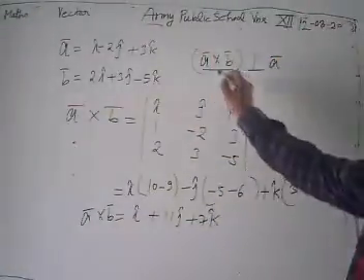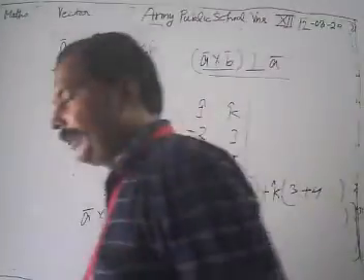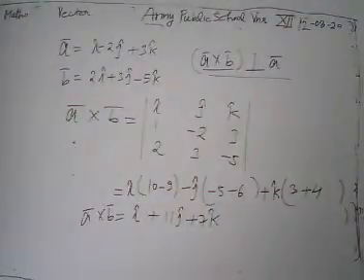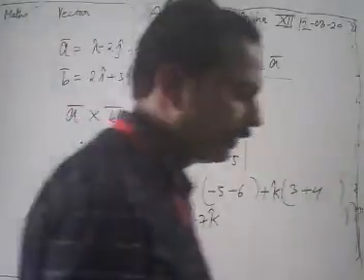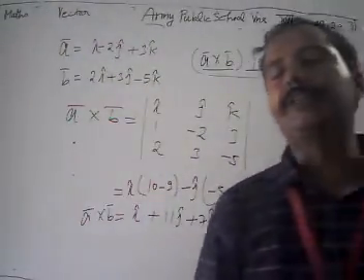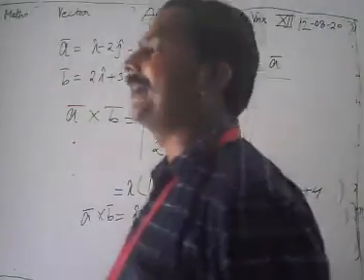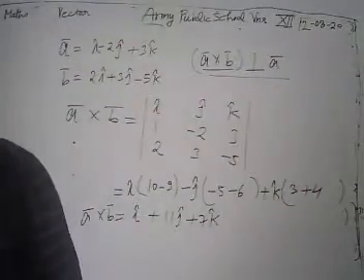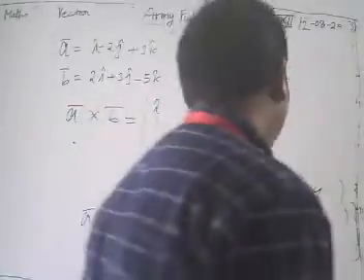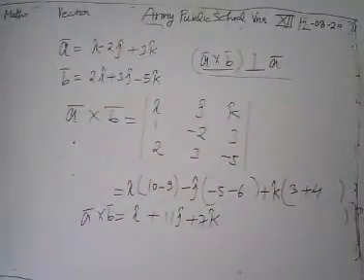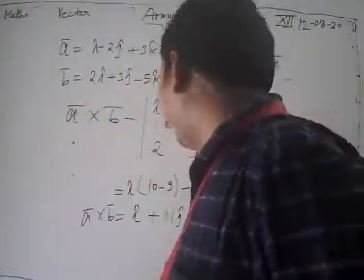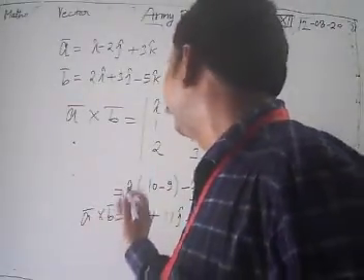Then we have to show that our vector A cross B is perpendicular to vector A. Now again recall that when two vectors are perpendicular to each other, their dot product is what? It's 0. Then to show that our given vectors are perpendicular, we have to take its dot product.